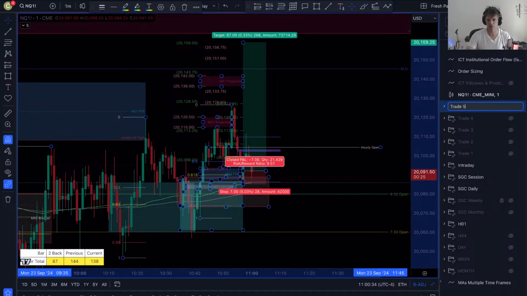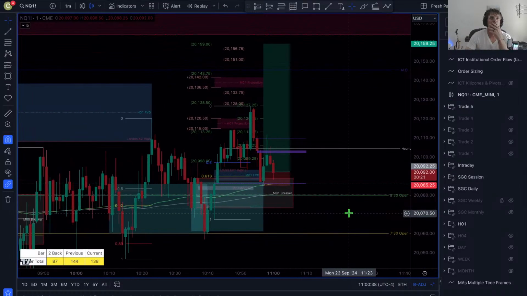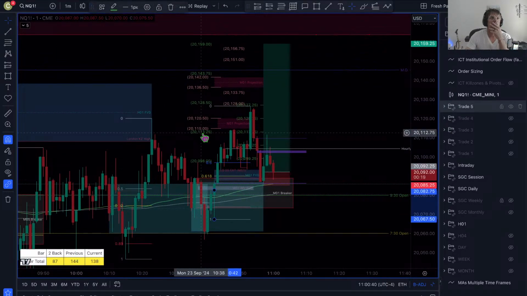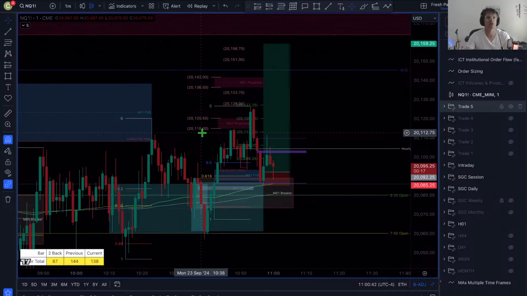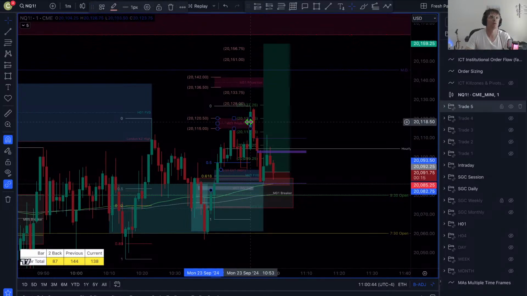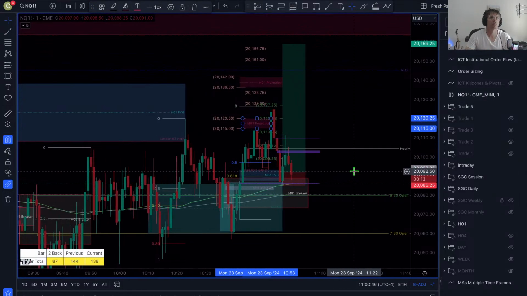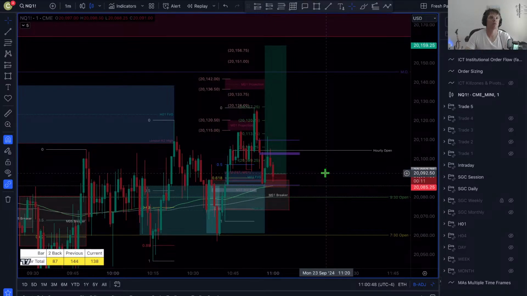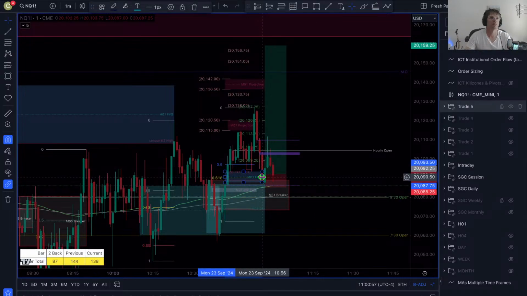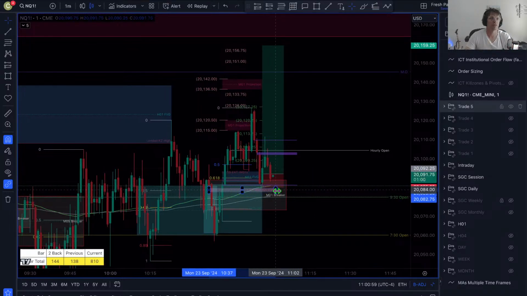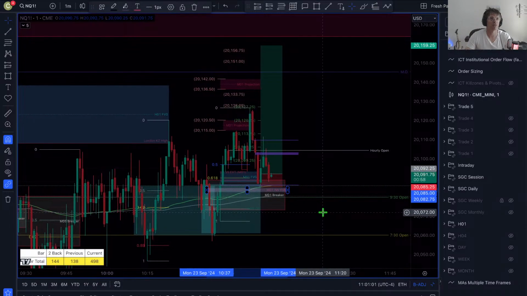Looks like it's going to. Let's see. Oh, that needs to go out of there. It still hasn't touched that inverse fair value gap either from that initial.